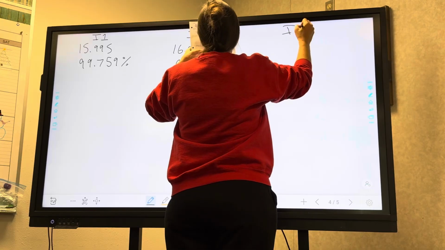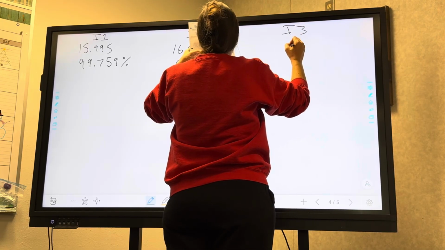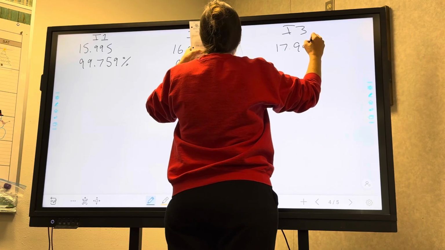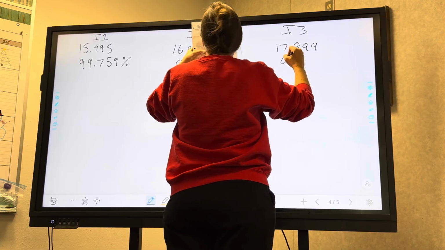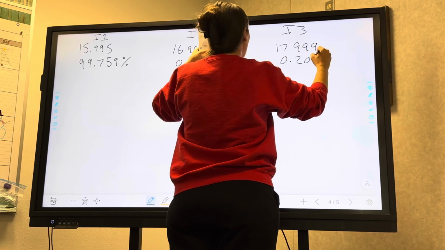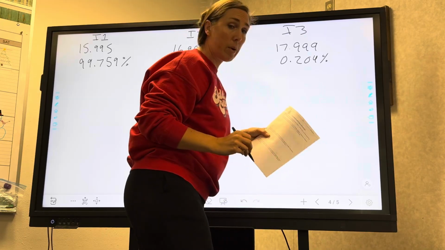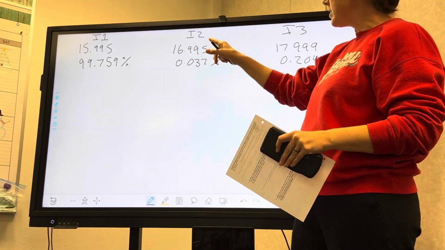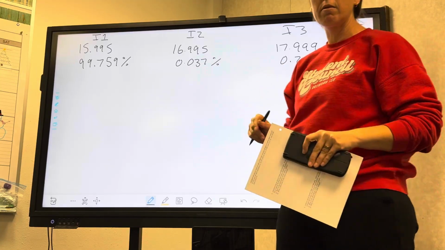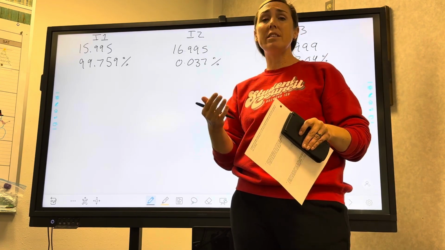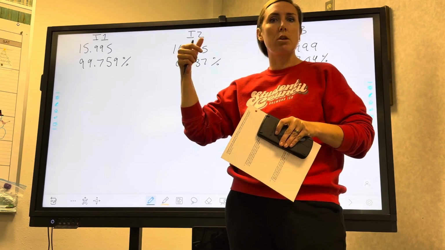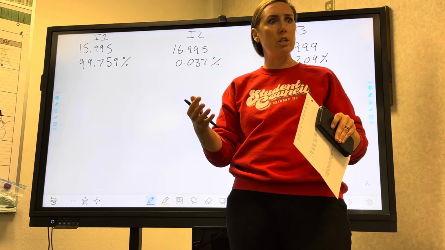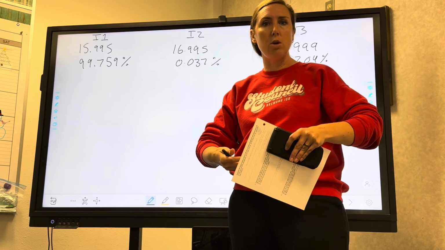And isotope 3 is 17.999 at a 0.204%. Remember, with isotopes the only thing that differs isn't the number of protons or electrons, it's the neutrons in the nucleus. It doesn't change the charge at all, it just changes the mass of the nucleus.